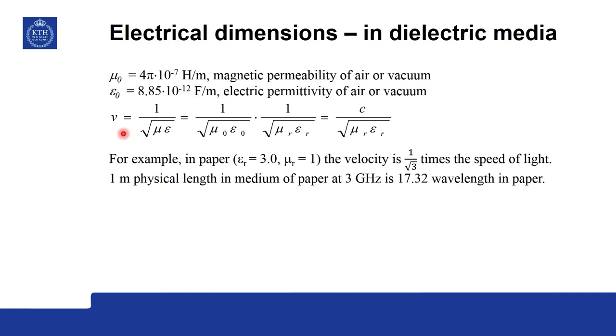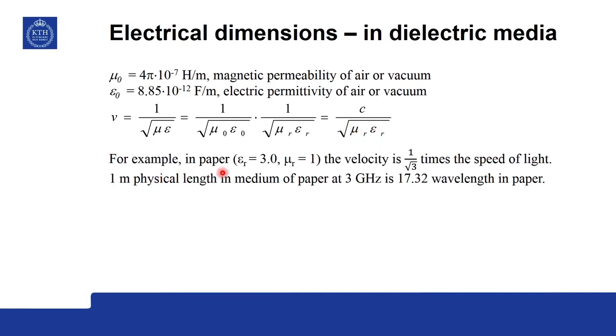So, v is 1 by square root of mu epsilon. Mu and epsilon each have two terms: mu is mu 0 times mu r, and epsilon is epsilon 0 times epsilon r. If we separate it out, we can write it as c by square root of mu r epsilon r, because 1 by square root of mu 0 epsilon 0 is the speed of light c.